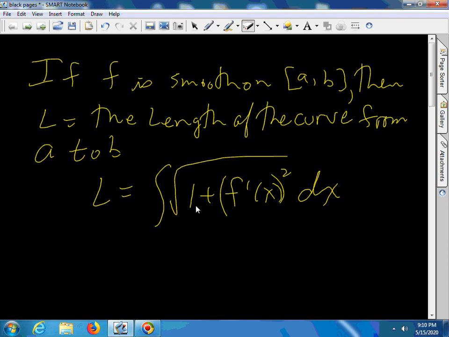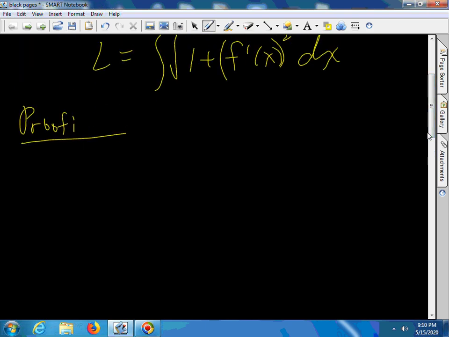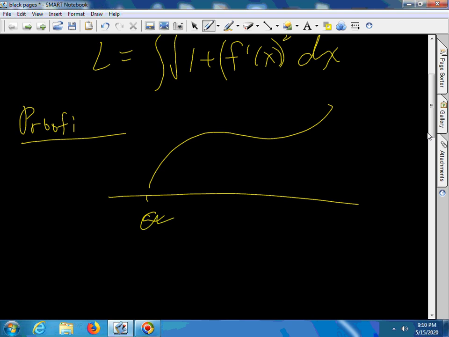And this is really easy to prove, actually. Proof. Let's look at a curve. Maybe that's A, and this is B over here. And we want to find delta L, that is, the length of that little piece there.